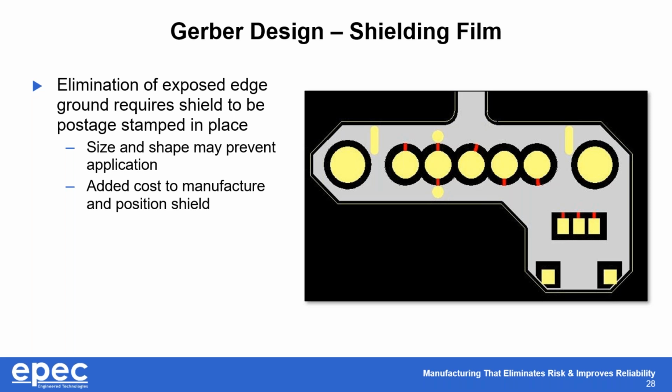But if we're trying to postage stamp it in place, sometimes you create a very small and delicate piece of material that then is very difficult to handle and position onto the flex circuit. At the end of the day, it is an added cost to manufacture and position a shield if you're going to try and postage stamp them in place.